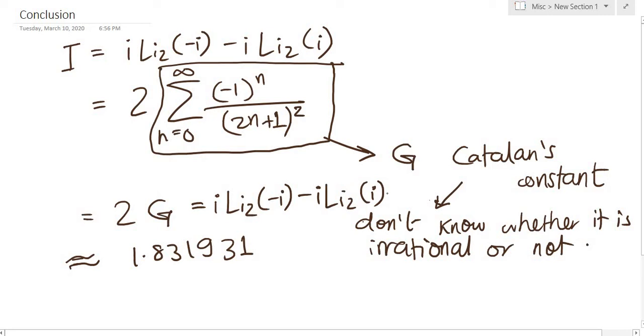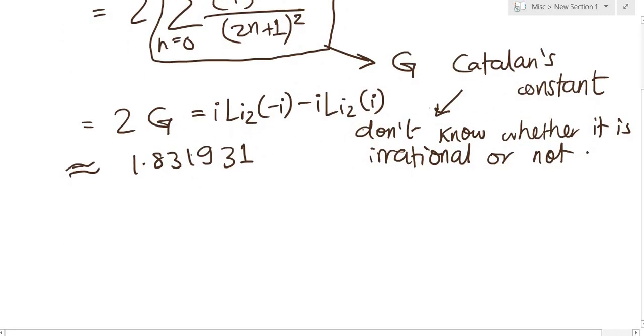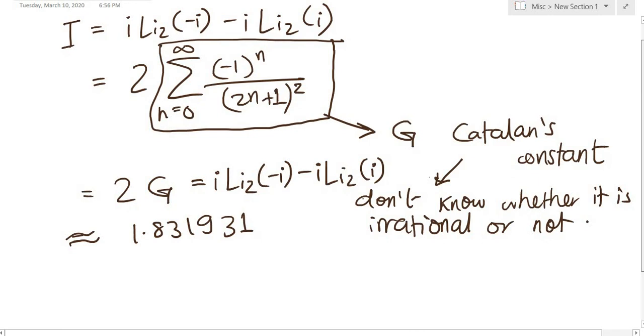So we actually established this relation without even knowing beforehand what Catalan's constant is. For all the number buffs who could see Catalan's constant back in this step, give yourself a pat on the back.